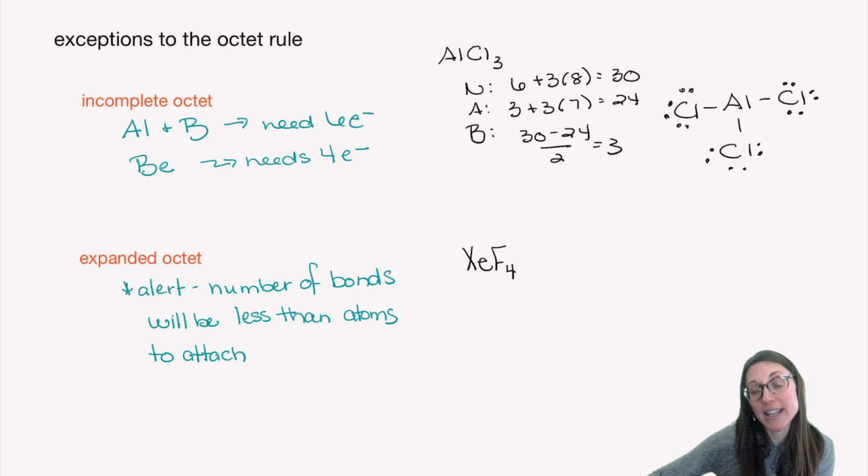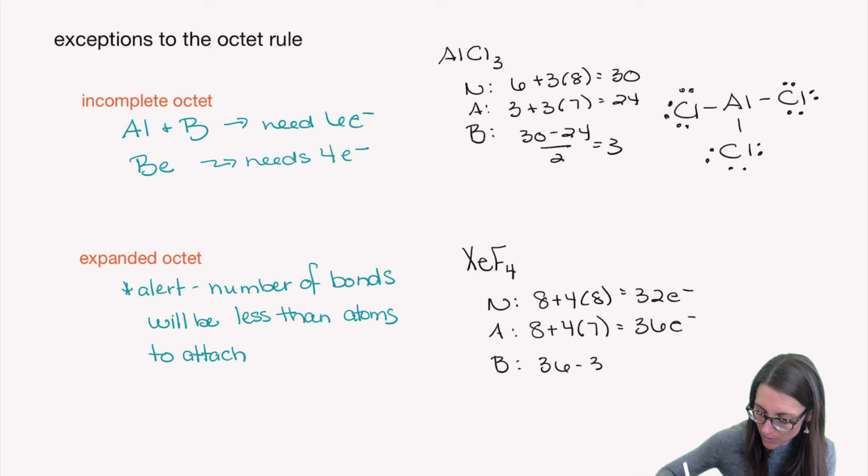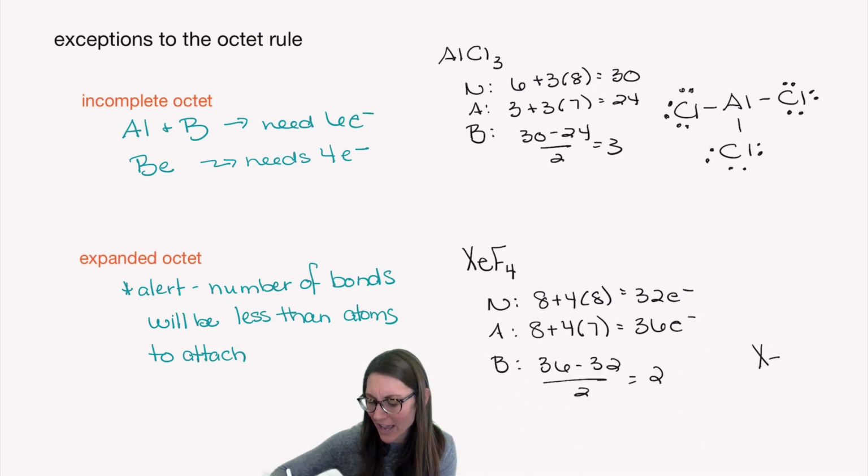So if I take a look at something like xenon tetrafluoride and I go to NAB it, when I get to the bonds part, I'm going to find that I only need 2 bonds, but I have 4 things to attach. That's your flag to know that you have an expanded octet.